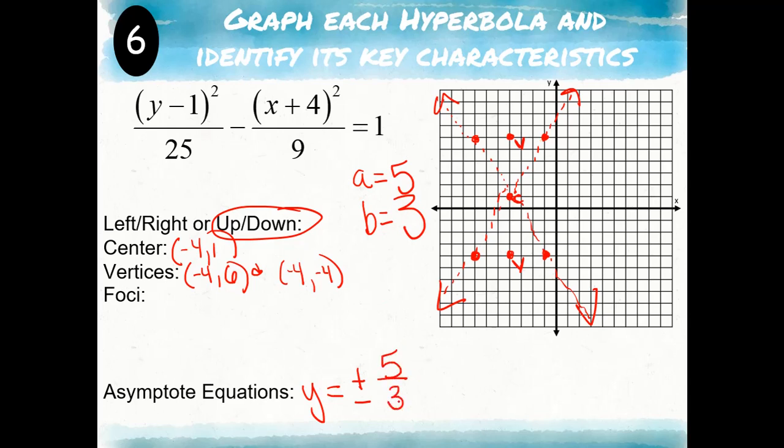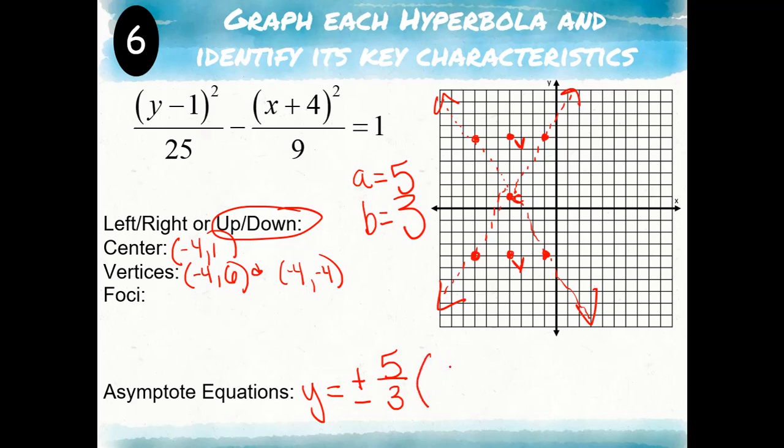Now, unlike last time where it crossed through 0, 0, I can't really figure out where the y-intercept is. It's kind of hard to do. So what I'm going to use is the translated form of a line. I know there's a reason why I taught it to you. So we can use our center as our dot. So -4, 1.